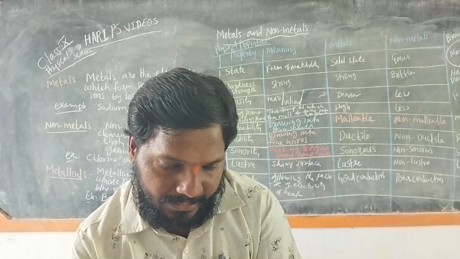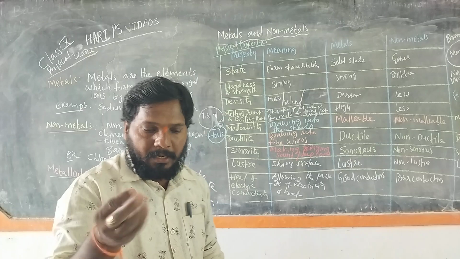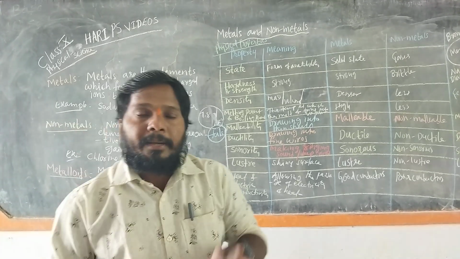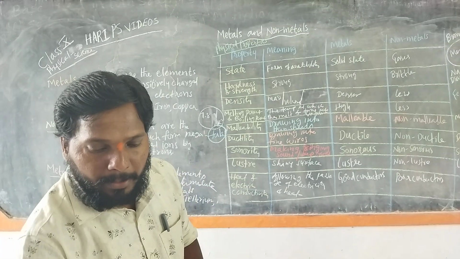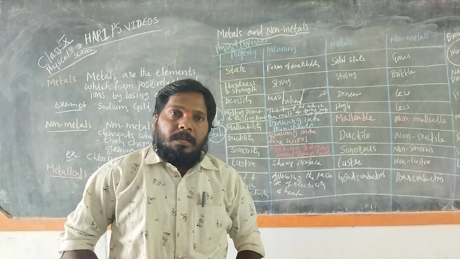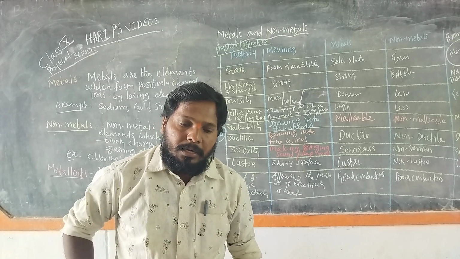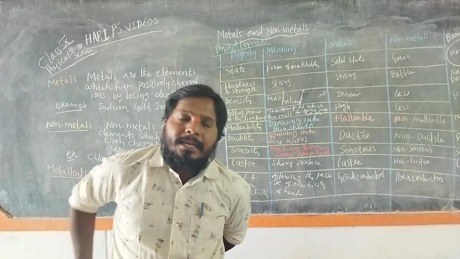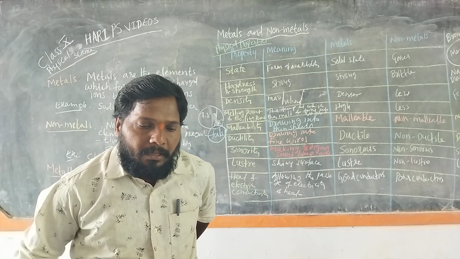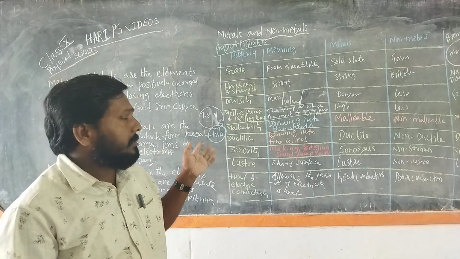As we know, mercury is a metal which is a liquid. Then density. We have studied that metals have high densities, but alkali metals such as lithium, sodium and potassium have low densities. Then hardness and softness.